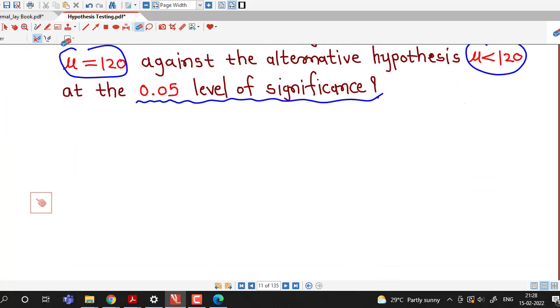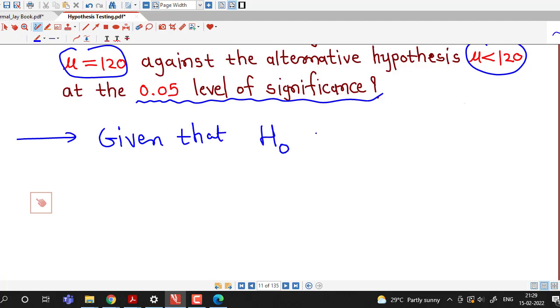So first we write down what is given. Here it is already given that the null hypothesis is mu equal to 120. We denote the null hypothesis by H suffix 0, and it is mu equal to 120. And the alternative hypothesis is mu is less than 120.